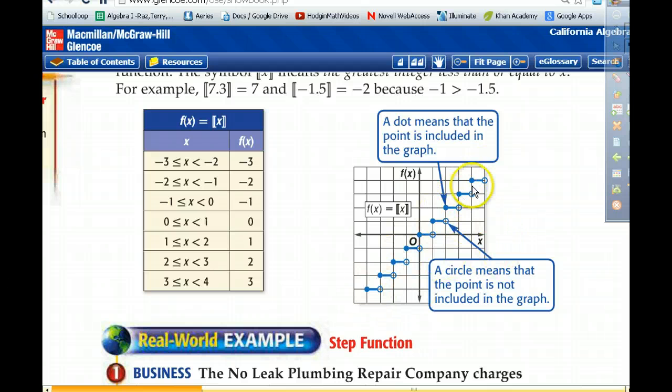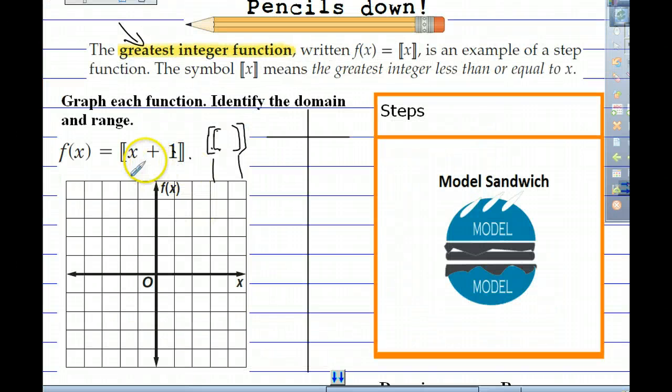Okay. So, based upon what you did last night, well, if I know what this looks like, this graph right here is the same exact thing, just everything's moved to the left one. And that'd be absolutely correct. So we're going to use what we learned from before and apply it here.